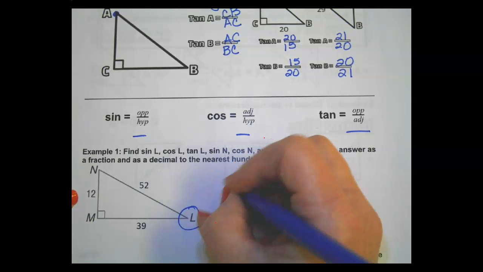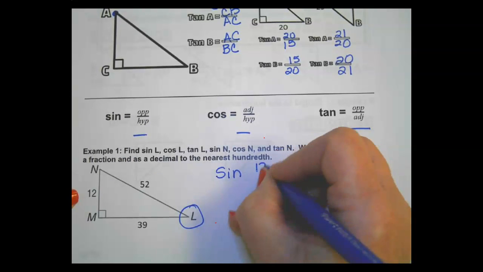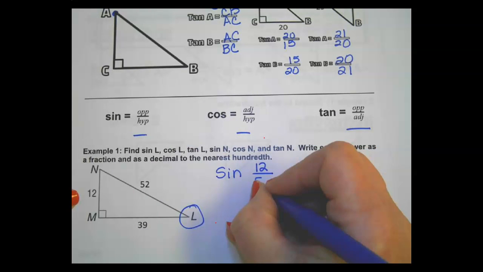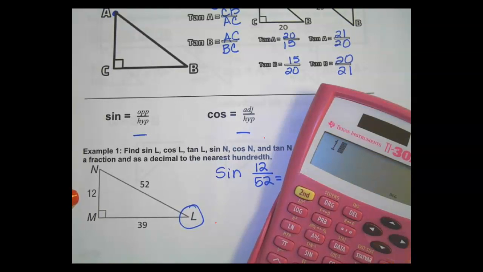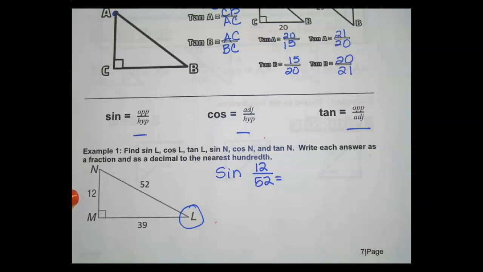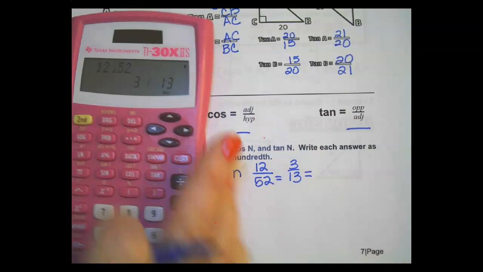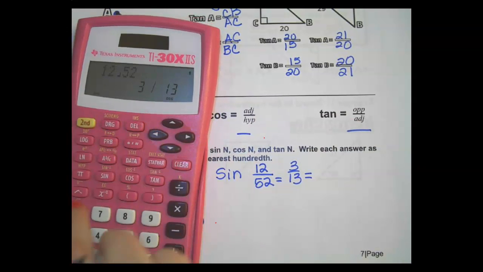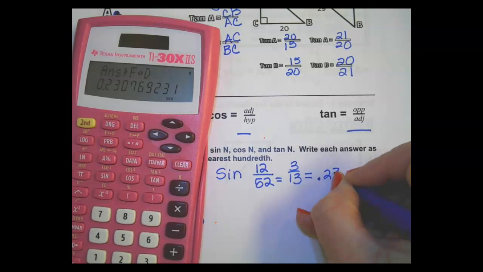Let's start with the sine of L. The sine is the opposite, which is 12, over my hypotenuse, which is 52. Let's simplify that on the calculator, 12 over 52, and I get 3/13. Then to change this to a decimal, I hit fraction to decimal and round to the nearest hundredth, so 0.23.